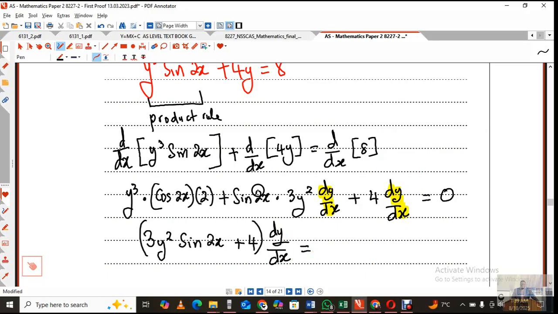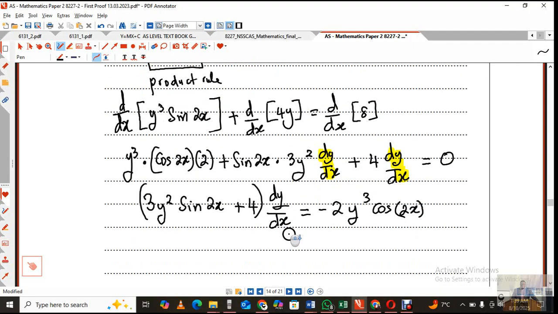And I'm going to move the 2y cubed cos 2x to the other side, so that is minus 2y cubed cos of 2x. Just make sure that the 2y cubed going that side is minus.